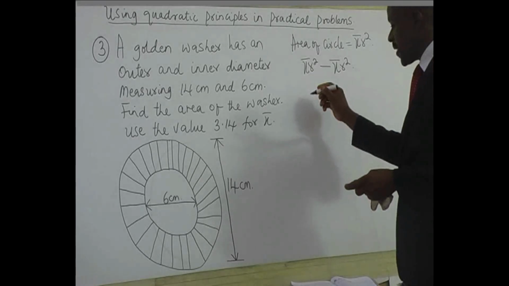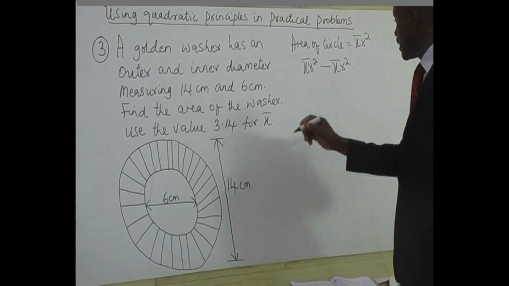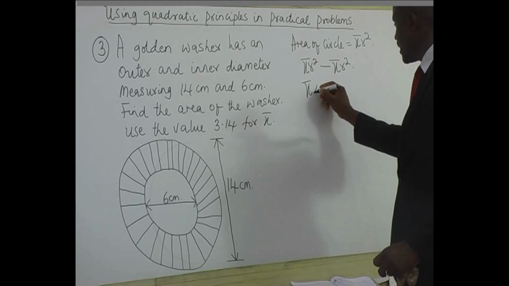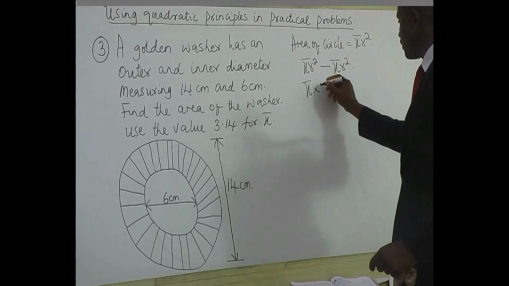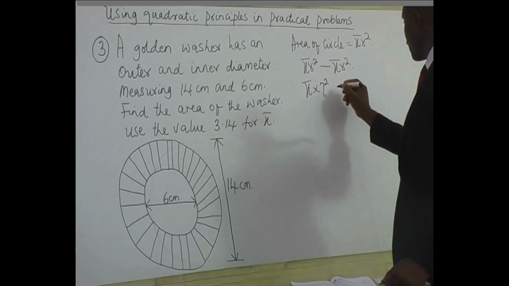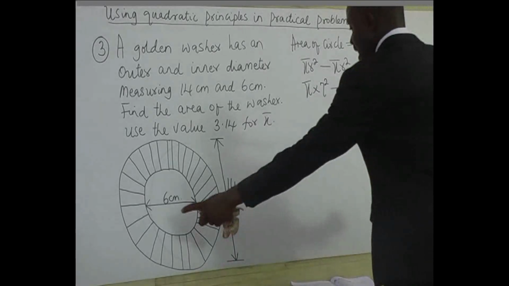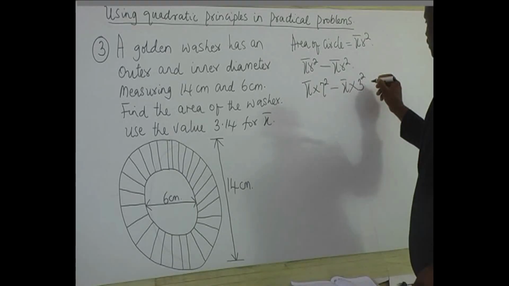The outer circle now, which has a diameter of 14, has a radius of 7. That means the equation becomes pi times half of 14, which is 7 squared for the outer circle, minus pi times half of the inner diameter, which will be 3 squared.